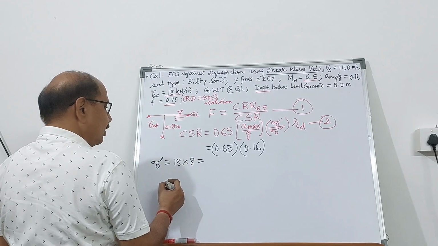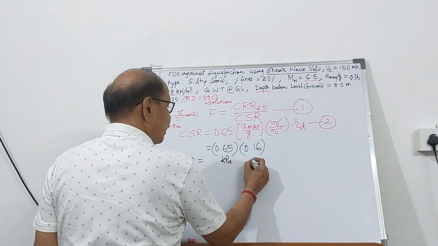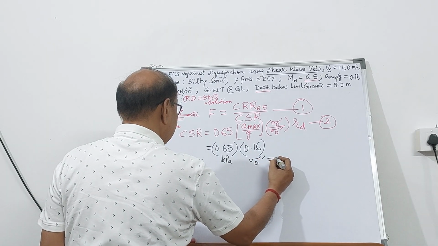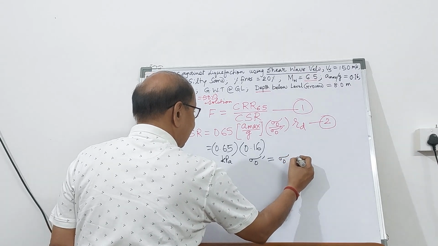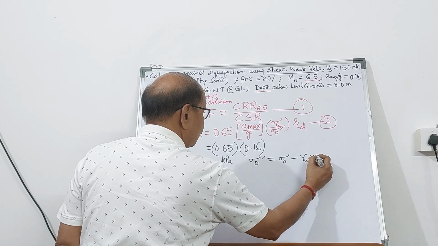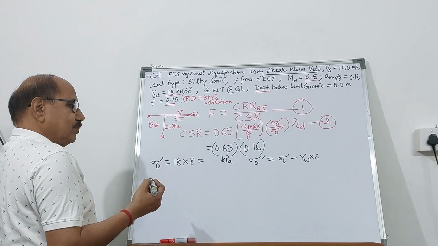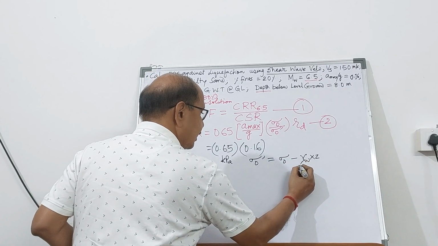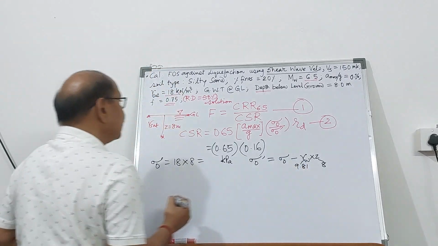So this we can calculate in kilopascal, and the effective overburden pressure will be the total overburden pressure minus unit weight of water into Z. Unit weight of water will be 9.81, and Z is 8 meter.